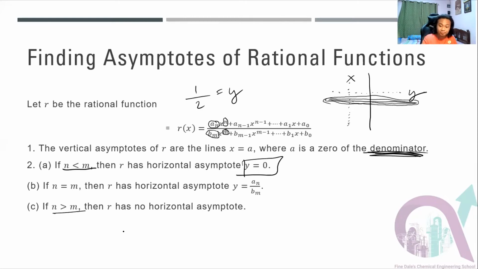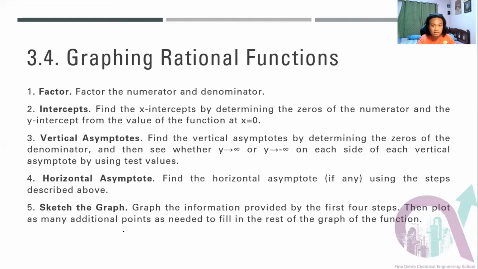Okay? Let's move on to an example because it's easier to show by example. I have to tell you the steps. We have to factor the numerator and denominator first. Okay? And then, we find the x and y intercepts.